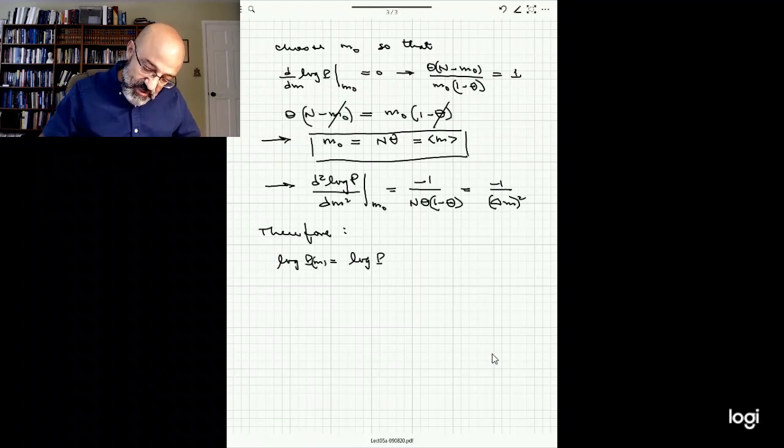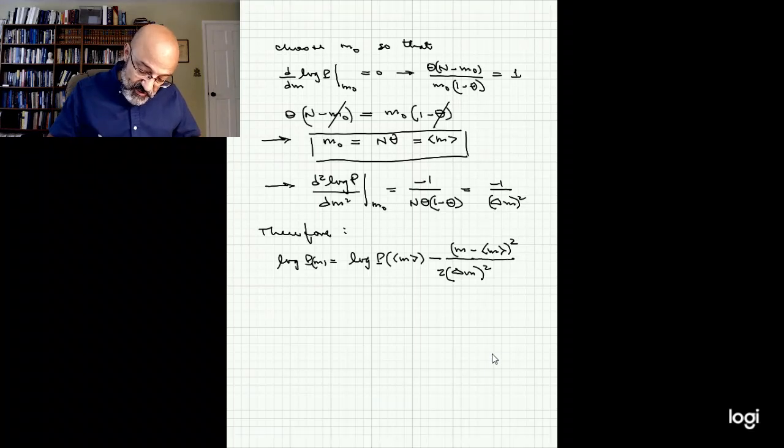This is log p evaluated at the maximum, which is the expected value, plus 1/2 the second derivative, which is minus 1 over the variance, delta m squared, multiplied by m minus m0 all squared.